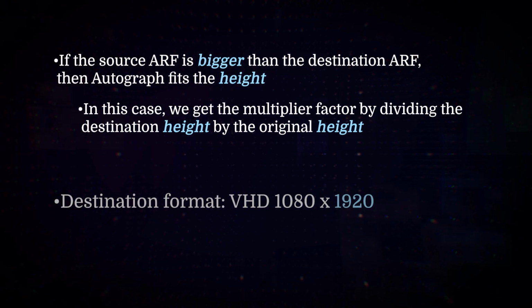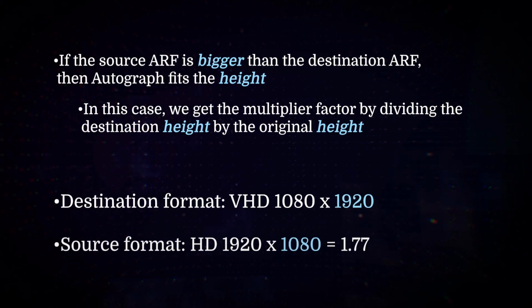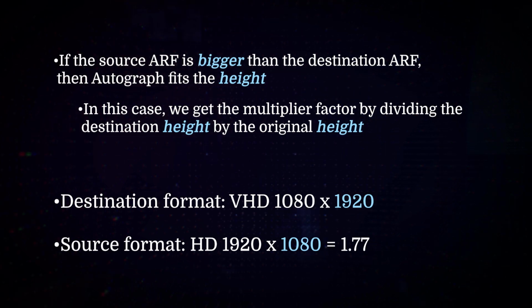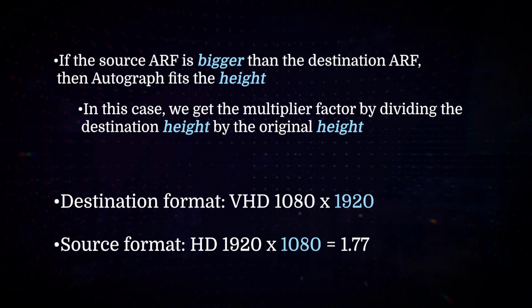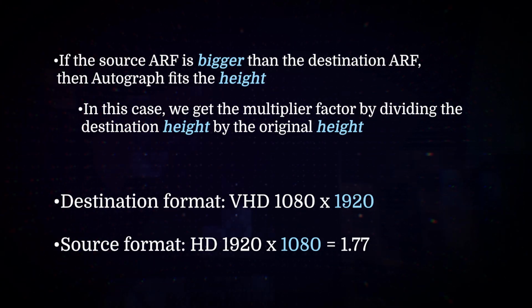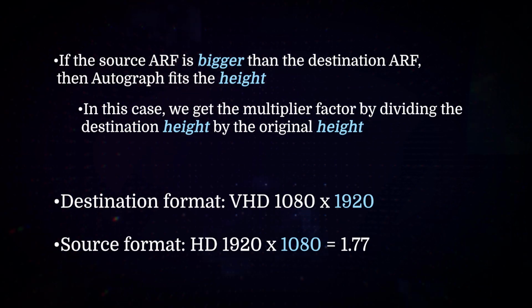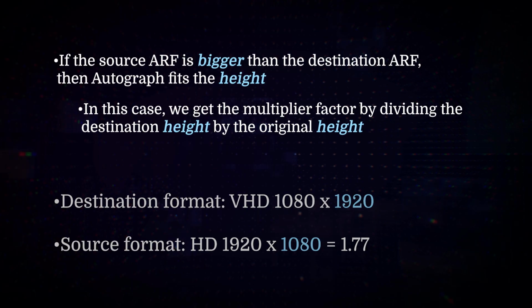We divide the destination height, which is 1920 in this case, by the original height of 1080 to get 1.77 again. So when going from HD to vertical HD, the multiplier factor is also 1.77, so all blurs and glows and related size properties will be scaled up by being multiplied by 1.77.